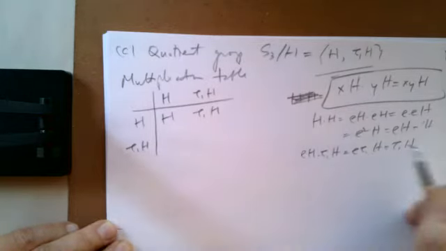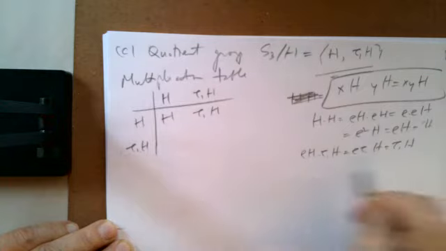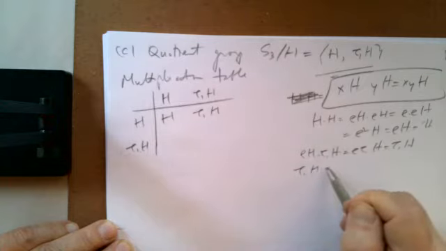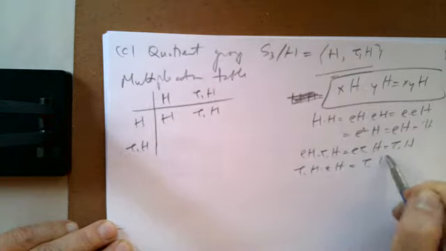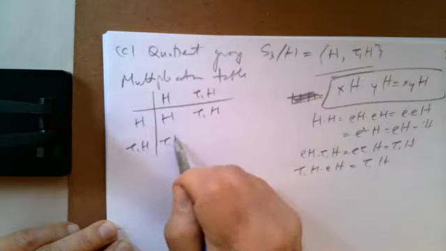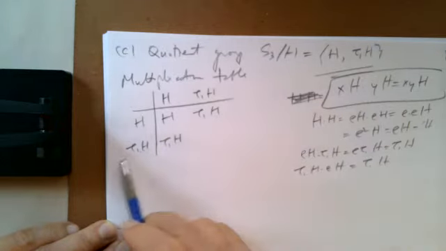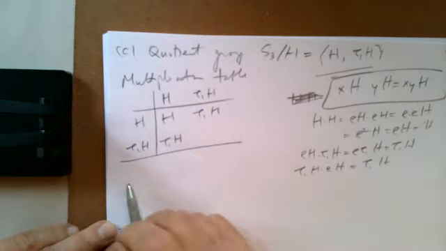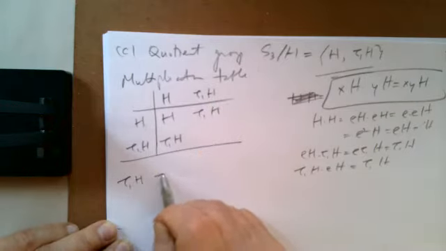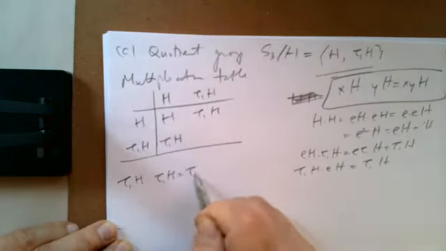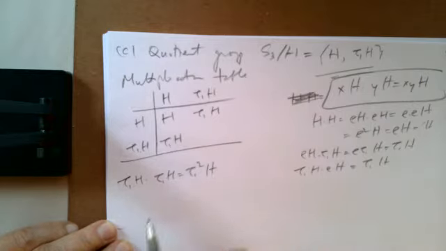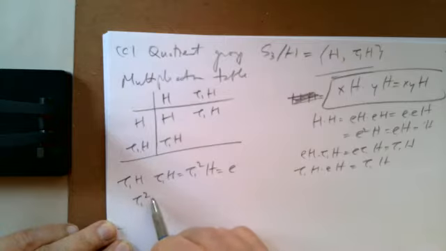And tau 1H times EH is the same thing, tau 1H. And what is this times this? Tau 1H times tau 1H, that's tau 1 squared H. But tau 1 squared is the identity. This is the identity.